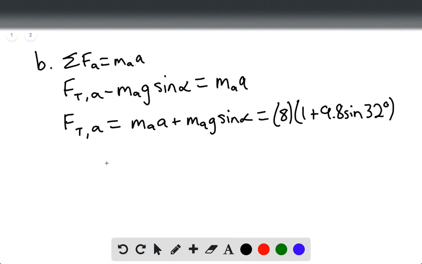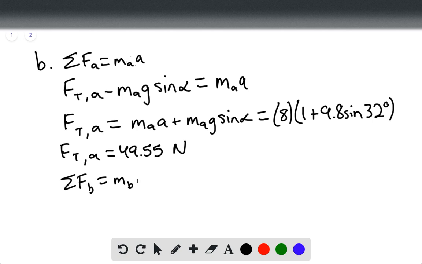And this is going to equal force tension in A is 49.55 newtons. For B, it's the same exact thing. In fact, we can go straight to this and say the force of tension of B will equal m_B a plus m_B g, and here, instead of sine of alpha, it'll be sine of beta.